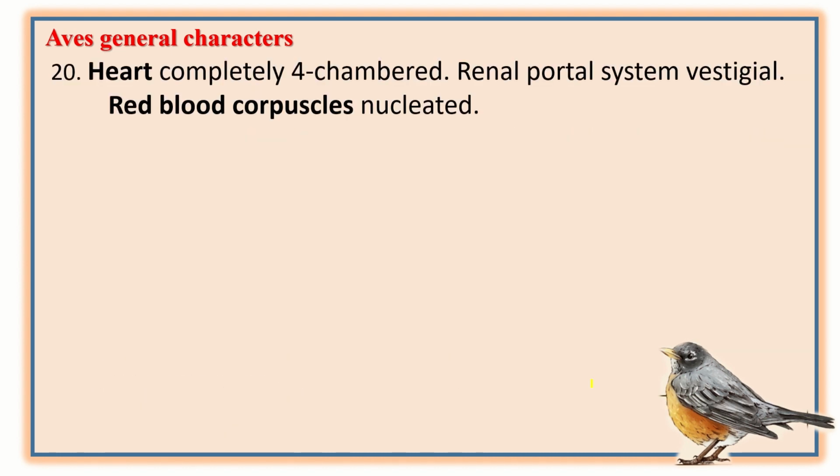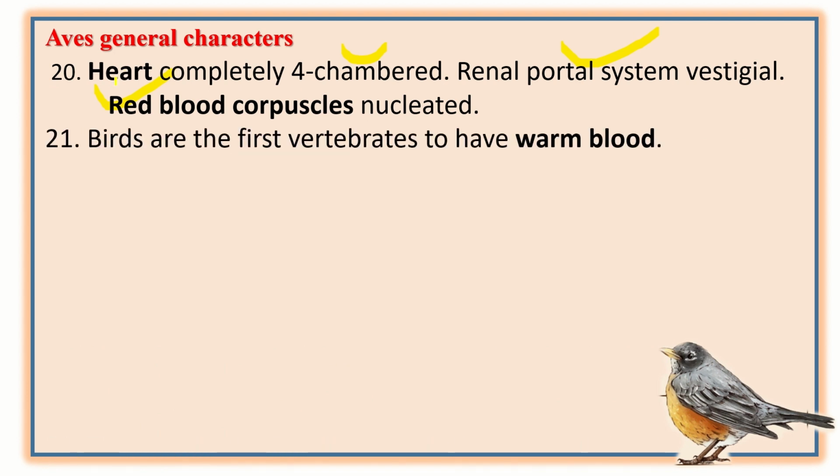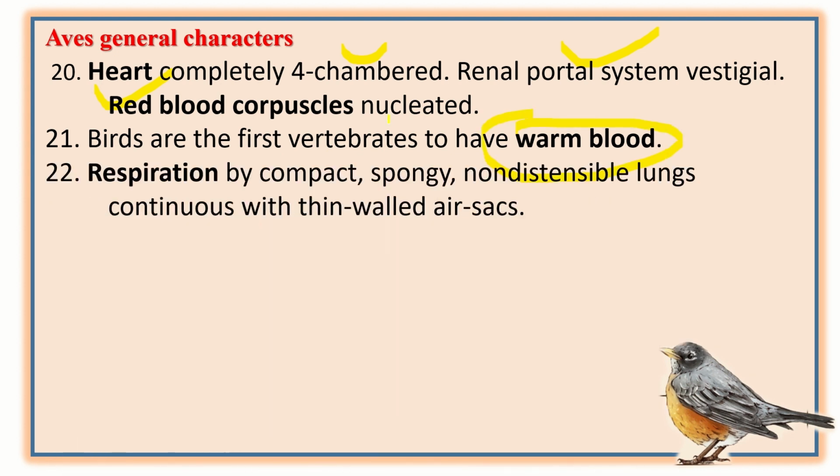Heart is completely four-chambered. Renal portal system is vestigial. Red blood corpuscles are nucleated. Birds are the first vertebrates to be warm-blooded. Respiration is by compact, spongy, non-distensible lungs continuous with thin-walled air sacs.